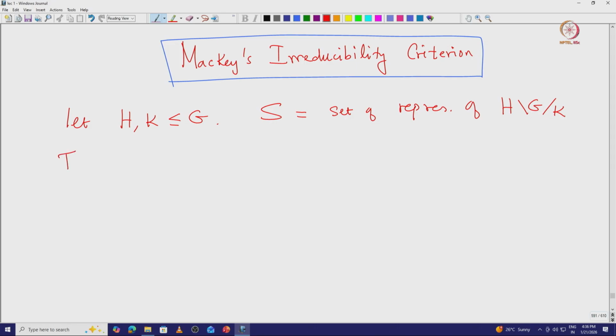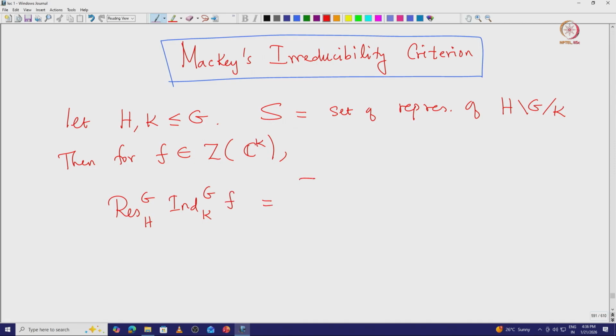Then we proved that for any class function f from K, given this function, we can apply the induction from K to G and then the restriction from G to H on f.